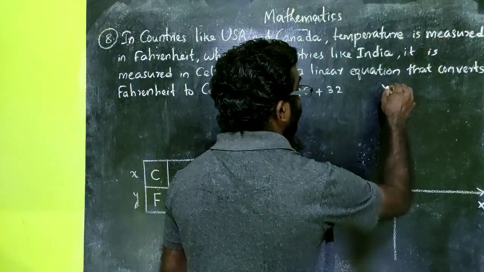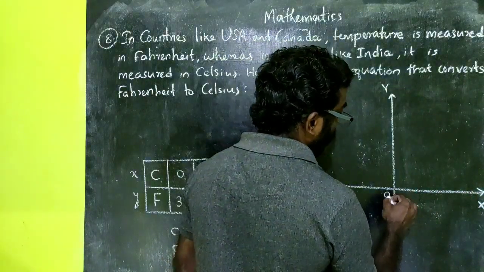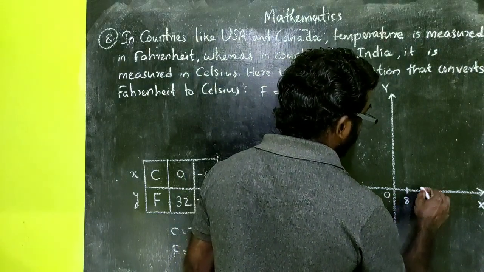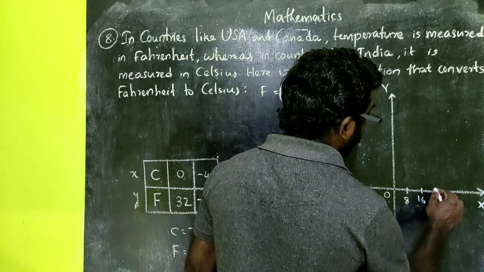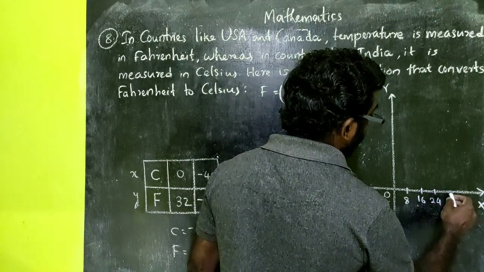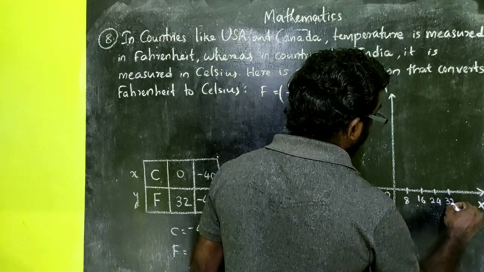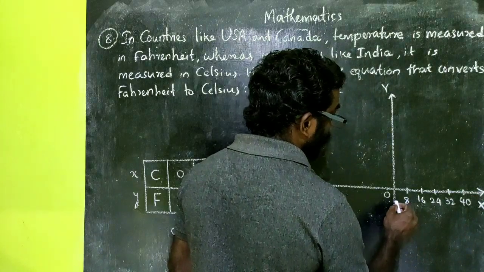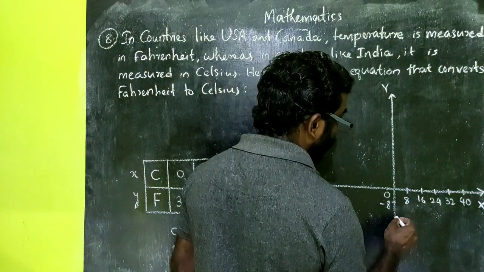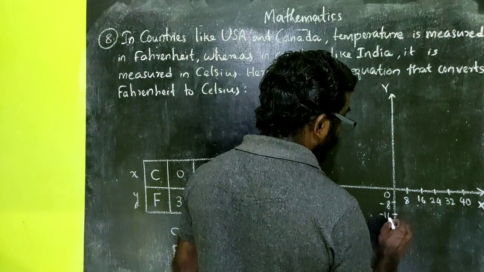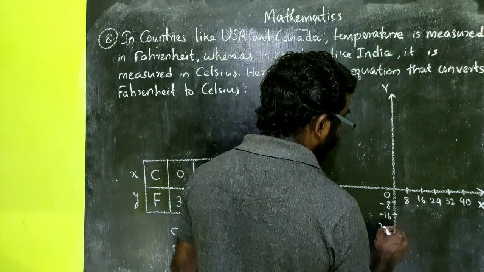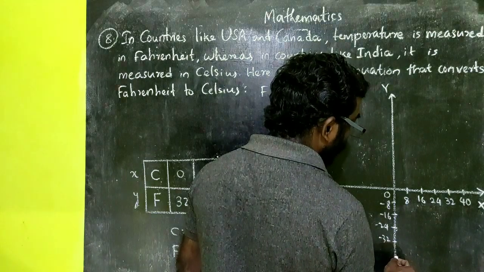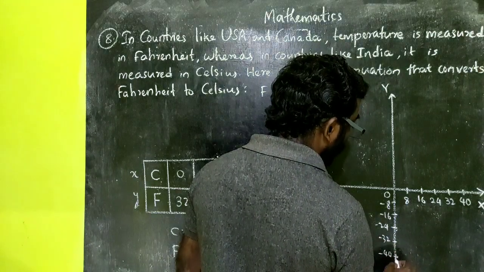X-axis, y-axis. Here we can mark 8, 16, 24, 32, 40 and so on. And here minus 8, minus 16, minus 24, minus 32, minus 40.